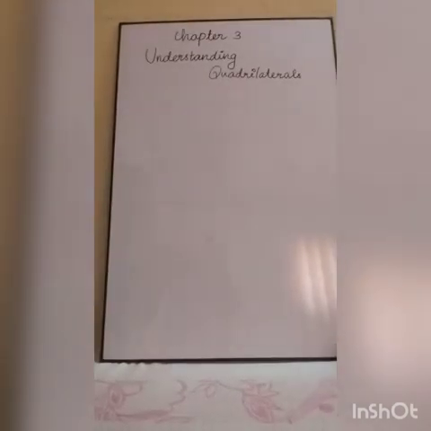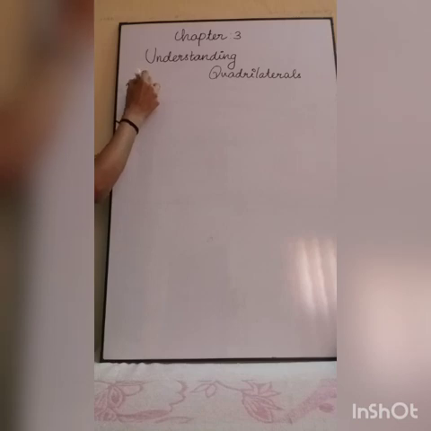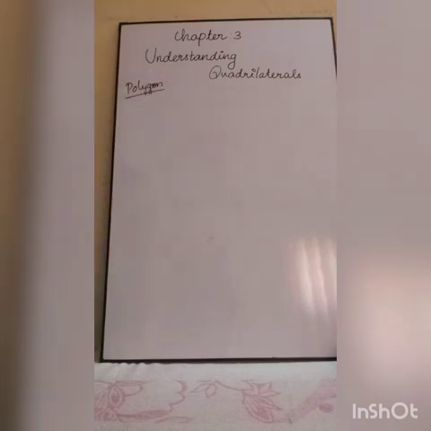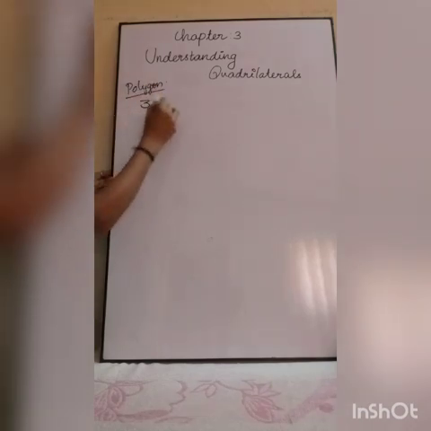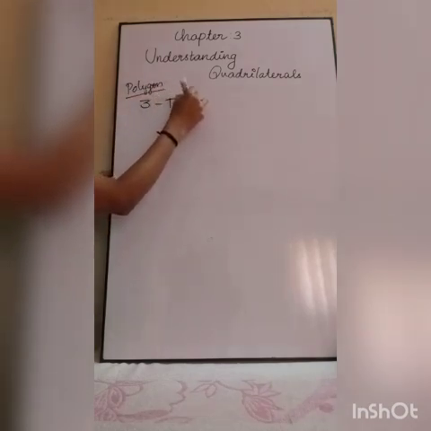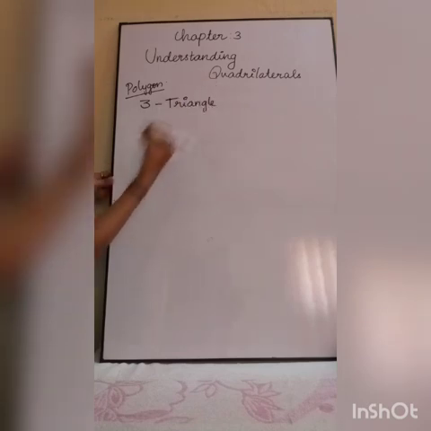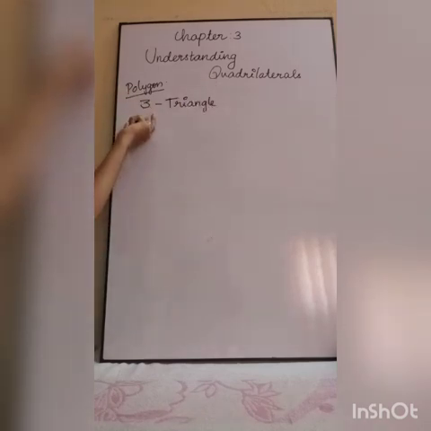Next, generally we say it as polygon, right? Generally we give the name as polygon. But based on the number of sides, they have given specific names for polygons. If there are 3 sides for a polygon, we say it is a triangle.